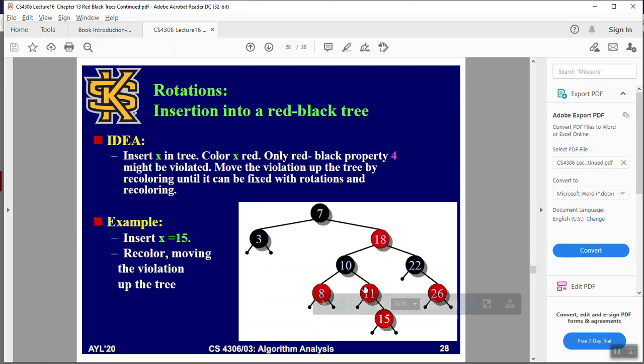Initially 15 will go in as red, so make it red. 15 goes to the right side of 11, right? 15 is greater than 7, less than 18, greater than 10, greater than 11, so it will go to the right side, this position.